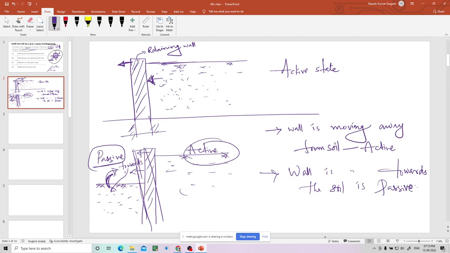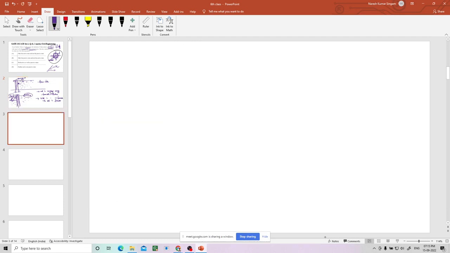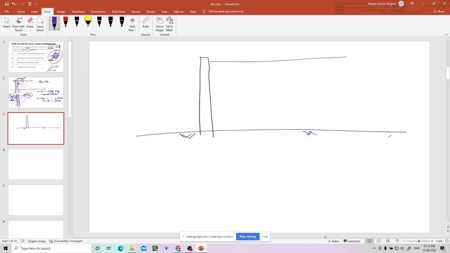Now, when we were discussing the active state, let us take this. Now I am discussing the active state. In this active state, the wall is moving away from the soil, so I am talking about only active now. Let us take a soil sample.